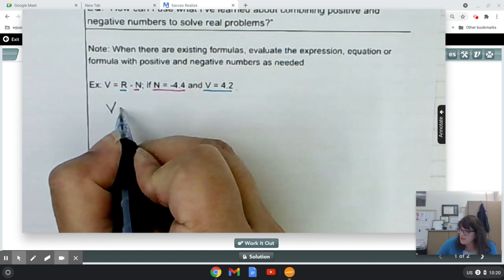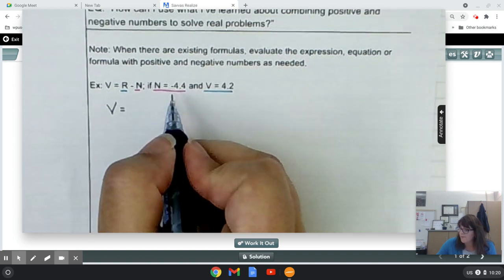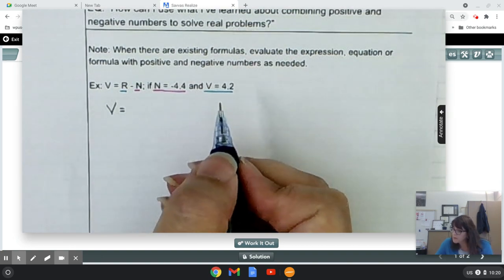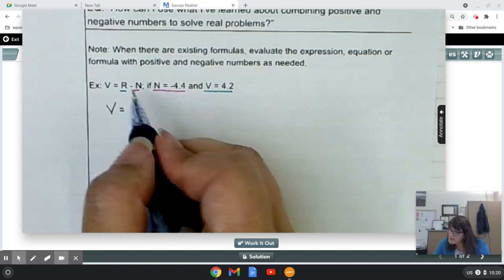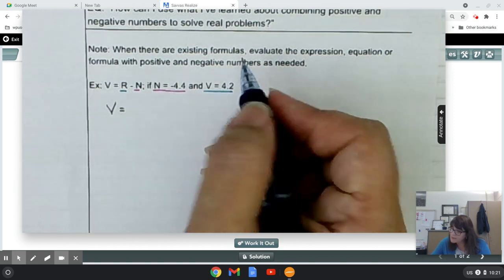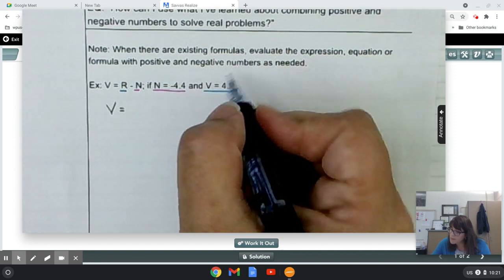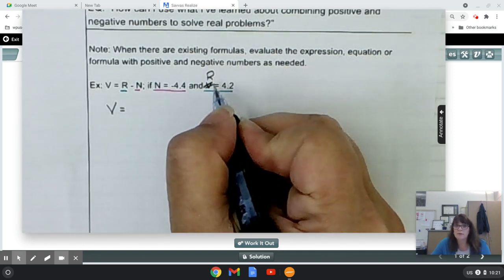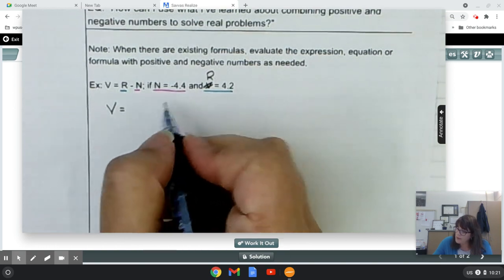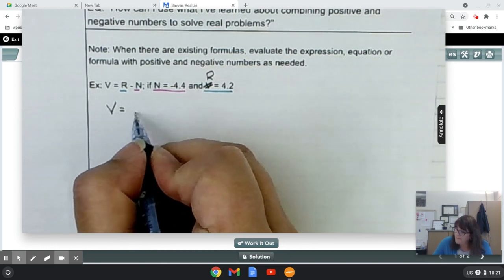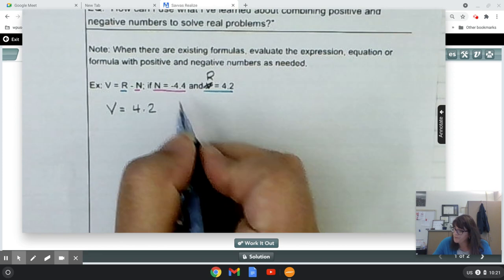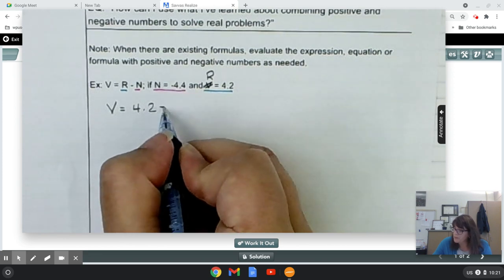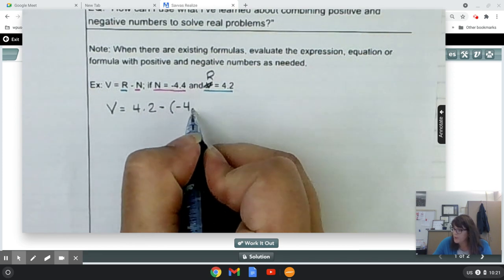So variation is going to equal, okay. Oh, I'm sorry, there's a typo here. This should be recorded. So change that to an R. Okay, recorded 4.2, normal negative 4.4.